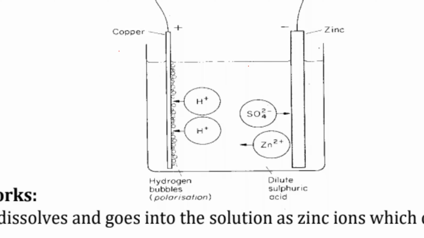When these hydrogen bubbles become too many, they separate the copper from the acid, such that the hydrogen can no longer reach the electrode. If that happens, current can no longer be got. That is what we call polarization.